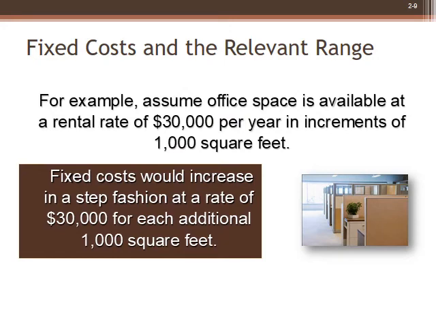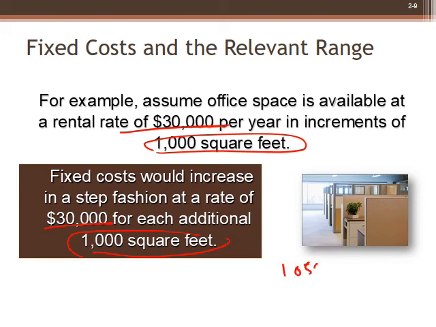To understand fixed cost and the relevant range in a curvilinear function, let's assume that we have office space that is available at $30,000 per year in increments of 1,000 square feet. So fixed cost would increase in a step fashion at a rate of 30,000 for each additional 1,000 square feet.